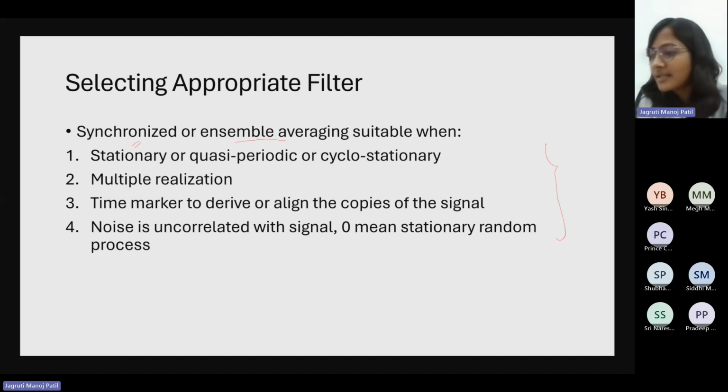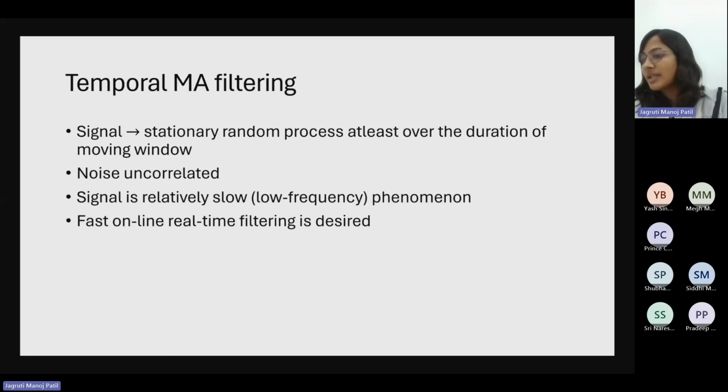The signals should be stationary, quasi-periodic, or cyclostationary, that is, periodic. There should be multiple realizations for the same, which we called ensemble averaging. A time marker should be there in order to align or make different copies of the signal. And obviously the noise should be uncorrelated with the signal, and it can be a zero mean stationary random process, so that it's always zero mean and we don't get more variations of noise within our signal of interest. So next is the temporal moving average filter.